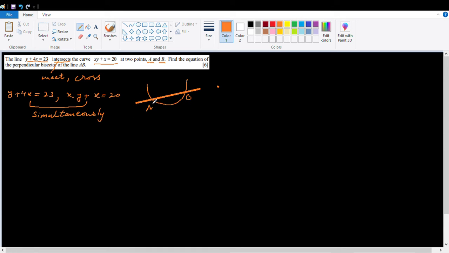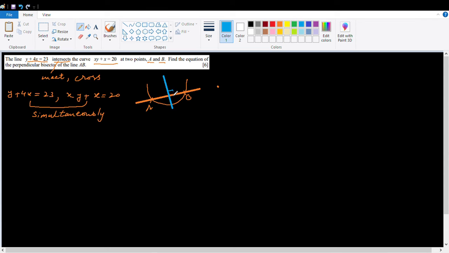So we are supposed to find out the equation of the line which is perpendicular to this line AB. For example, I make this blue line here. This line is actually a perpendicular bisector.